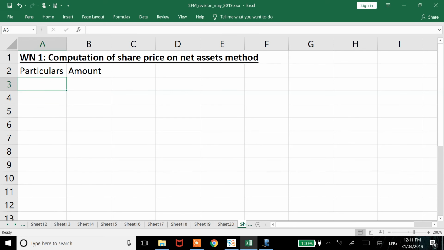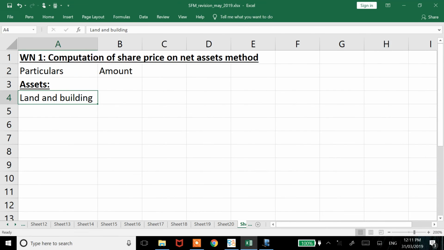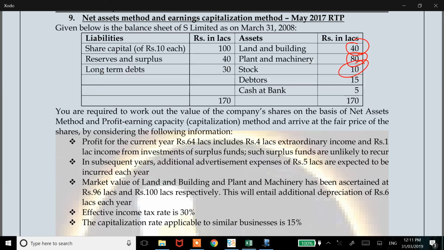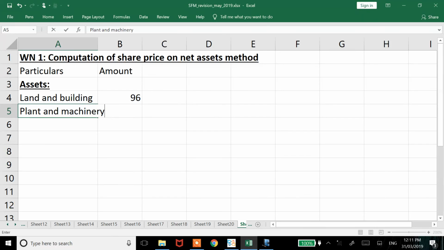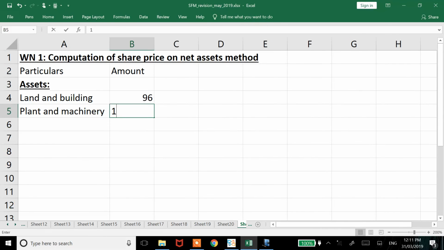First are assets. You will end up capturing the assets. Land and building. If you have any extra data, change the value, otherwise copy them. Land and building. How much they mentioned? 96. Plant and machinery, 100.